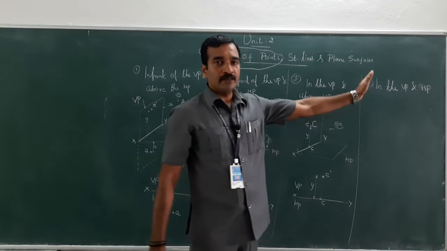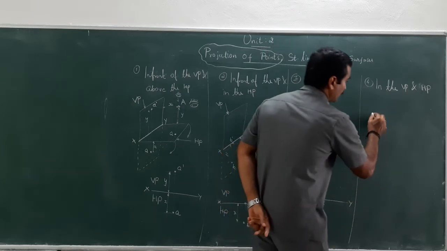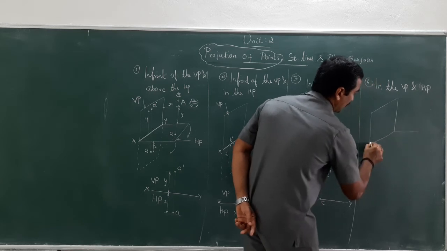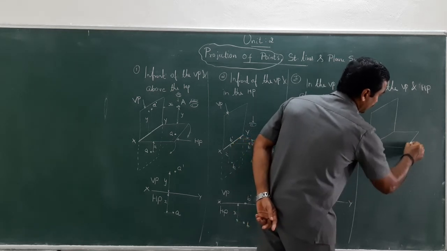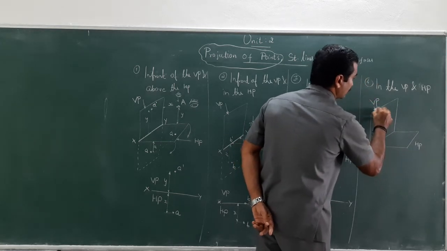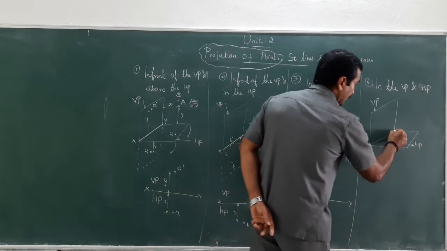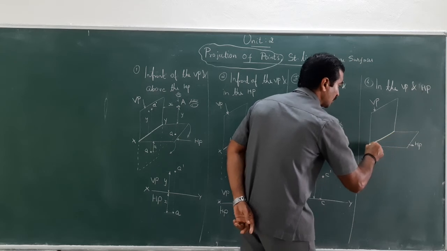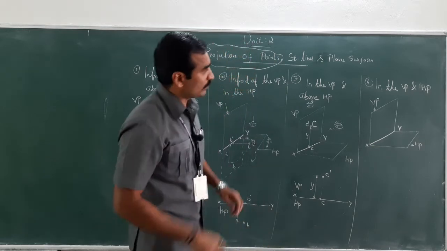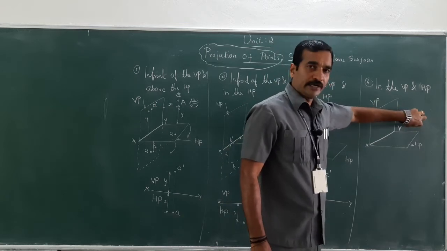So let me just move to the fourth condition, in the VP and HP. Let me draw the quadrant for better understanding of how the object is placed and how the projection is obtained. So this is VP and this is HP, and this is the reference line or ground line, X, Y. As far as this condition is concerned, the point is placed in the first quadrant, right?